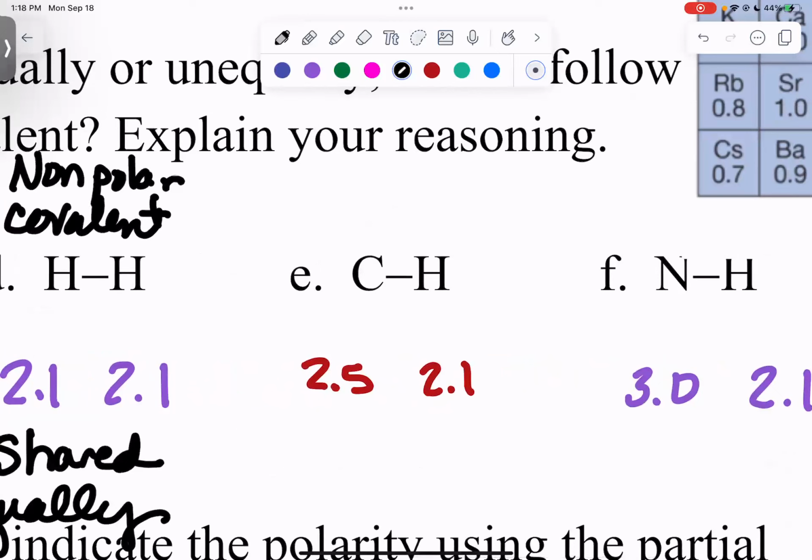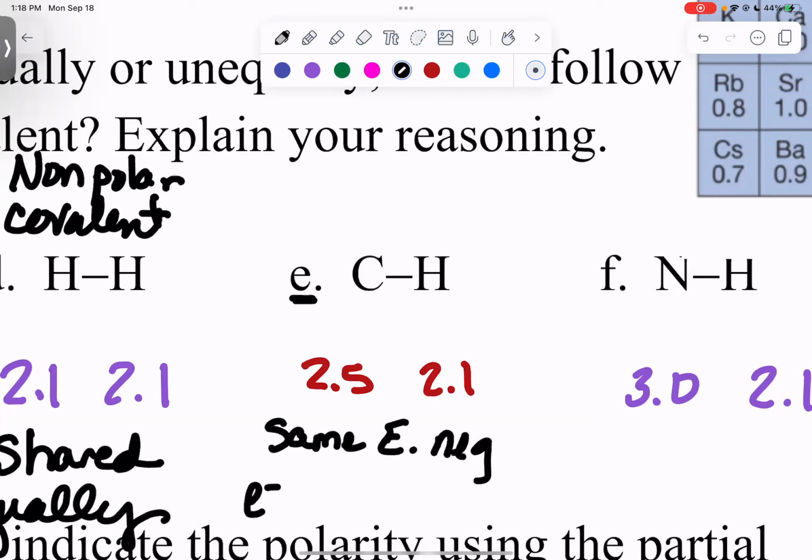Now, here's where it gets a little tricky. You have to remember this. There is an electronegativity difference between carbon and hydrogen. And I know you want to say, well, carbon's more electronegative, so the electrons should spend more time with carbon. And that's true. But the electronegativity difference is so small that we basically say it's about the same electronegativity.